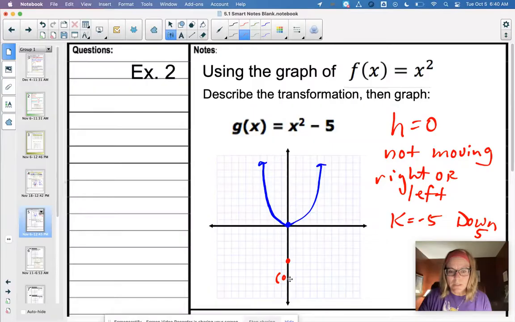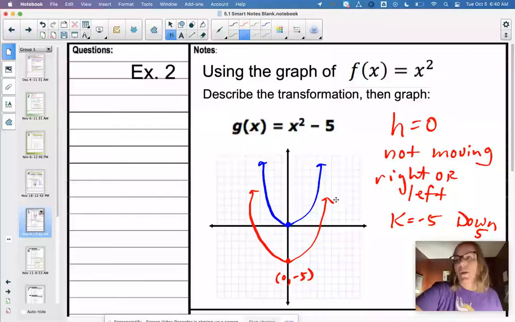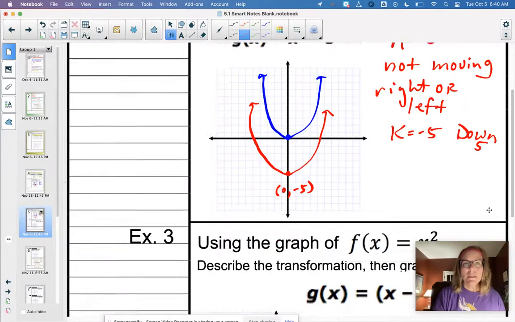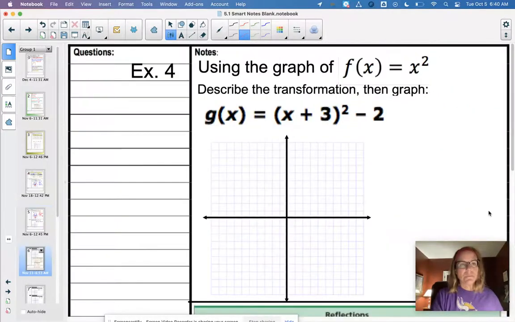My new vertex is 0 and -5. And there we go. So we graphed our new function and we described the transformation. We went down 5. Example 3 we are going to do in class.